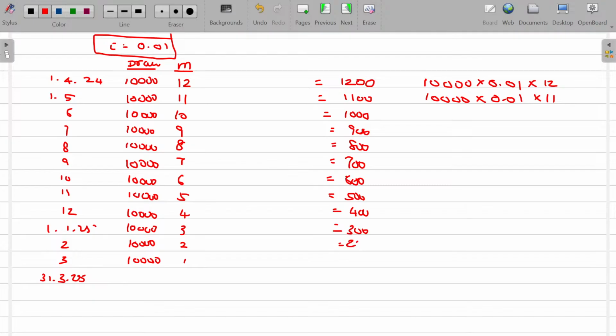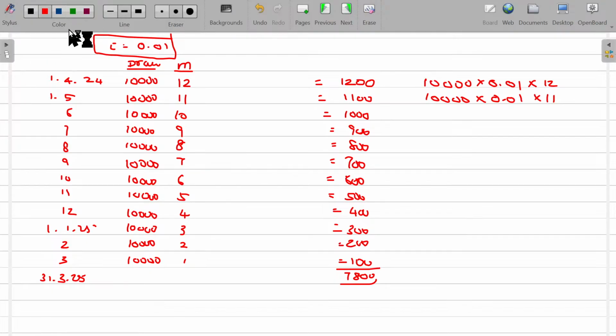Isn't it? If you calculate, now what is the final value? Come on. The interest on drawings will be 7,800. Clear? You are getting this, right?